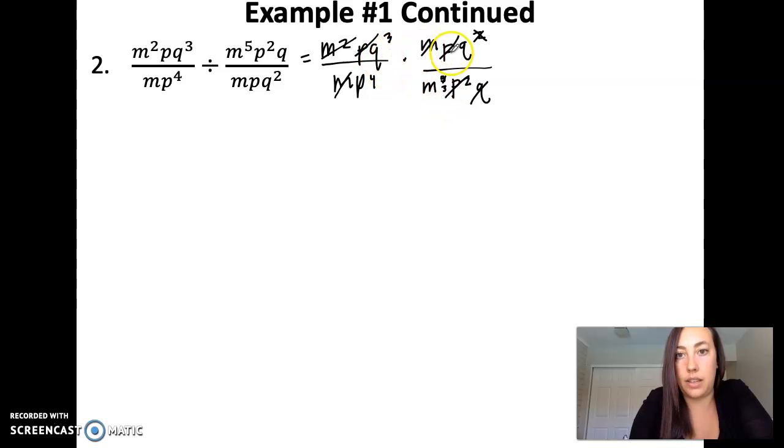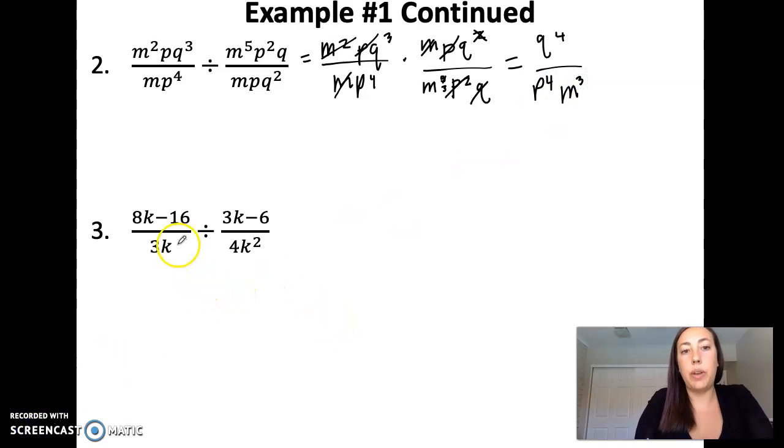I think we've canceled everything: the m's, the p's, and the q's. So up top, we're left with q cubed times another q, which is q to the fourth. And then on bottom, we have p to the fourth, and we have m cubed.